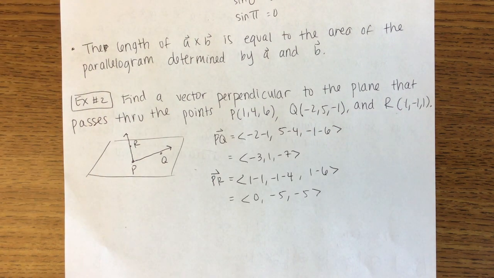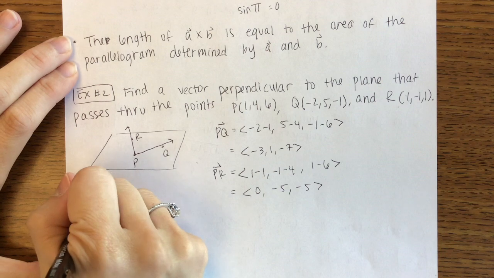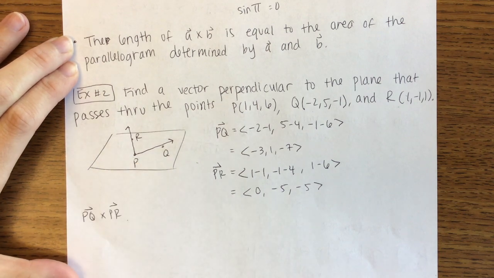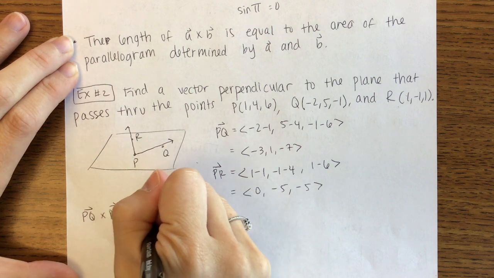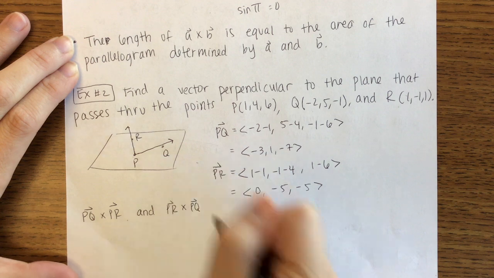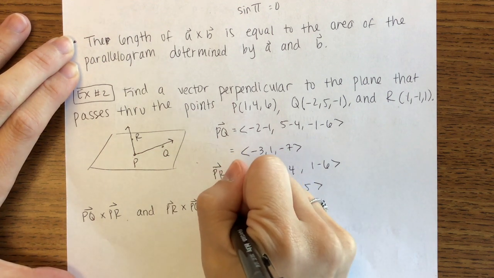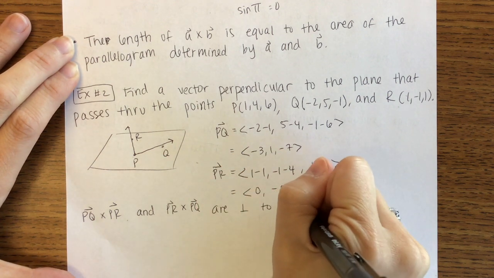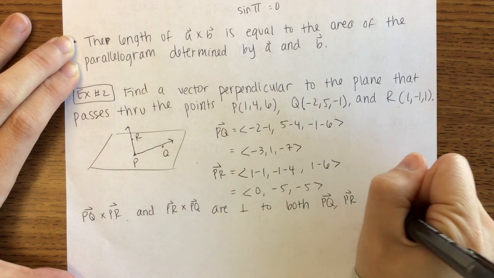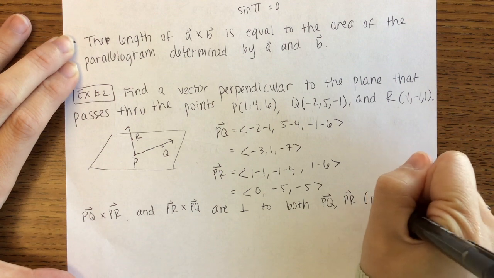Okay, so now that we have those 2 vectors, we're going to need a vector perpendicular to those 2, which would then be perpendicular to the plane. Now this is where this section comes in handy. The first thing we know is that PQ crossed with PR gives us a vector, and PR crossed with PQ also gives us a vector, that are perpendicular to both PQ and PR, and therefore also the plane.